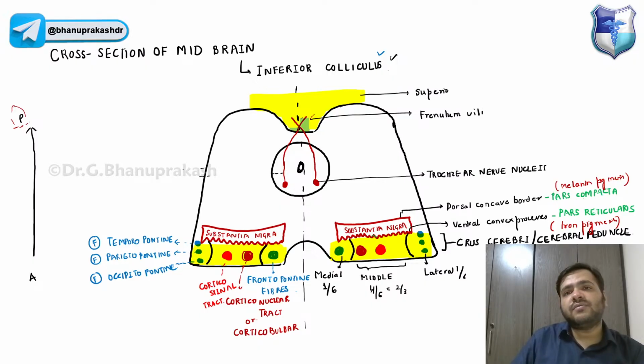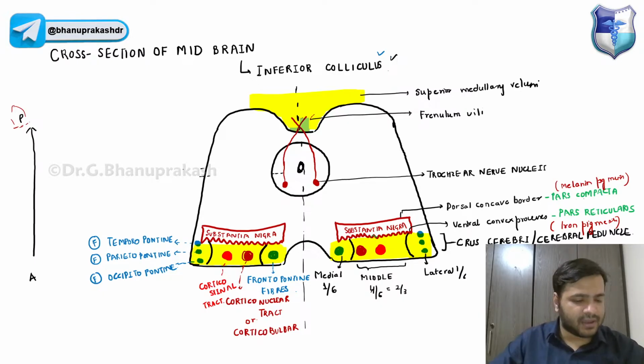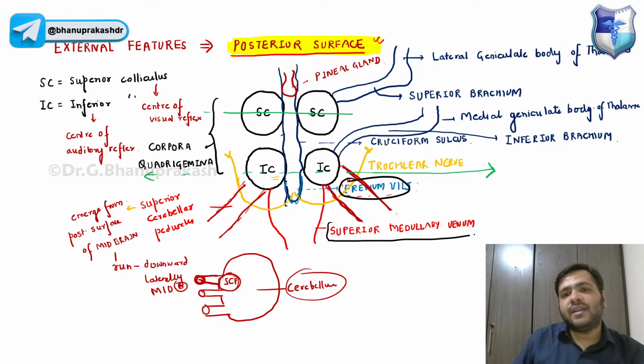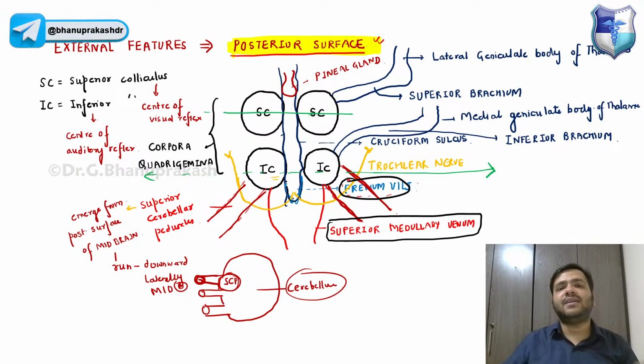I already told you this is a membrane-like structure, right? It is the superior medullary velum in which this crisscrossing is happening, in which the fibers are getting crossed, guys. If you can see over here, we have the frenulum veli in the superior medullary velum. These fibers are originating and they are crisscrossing.